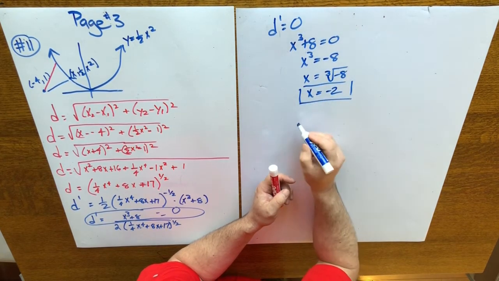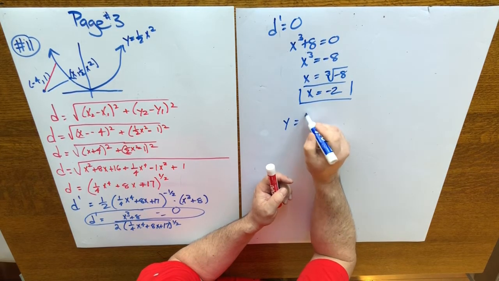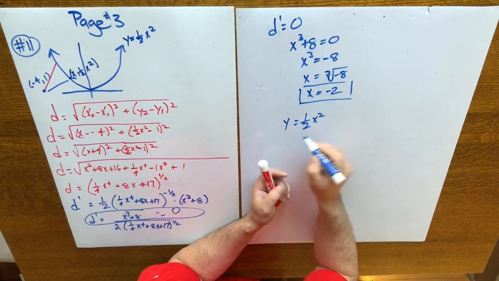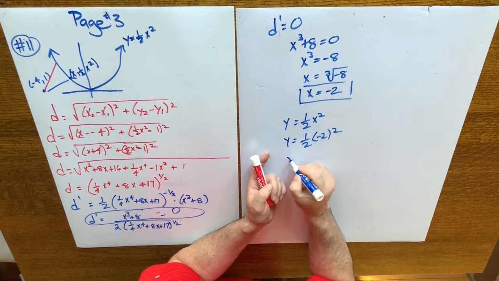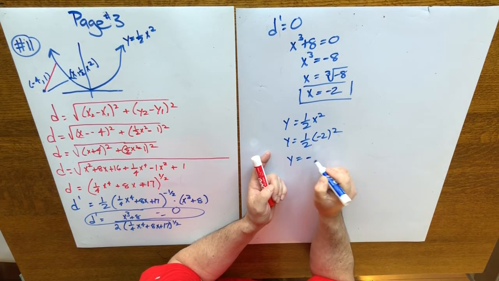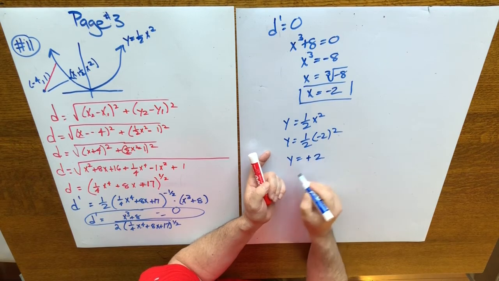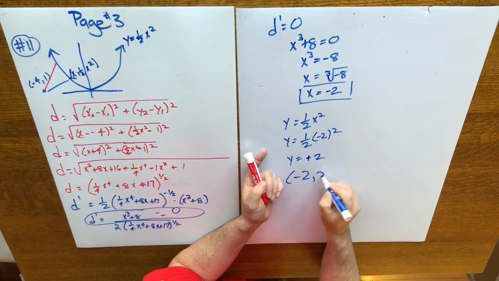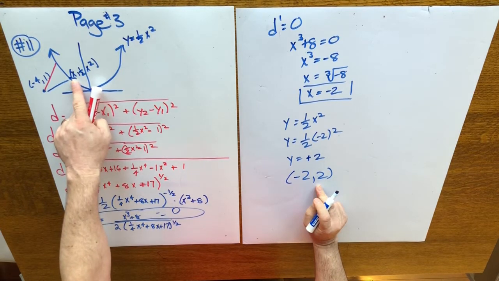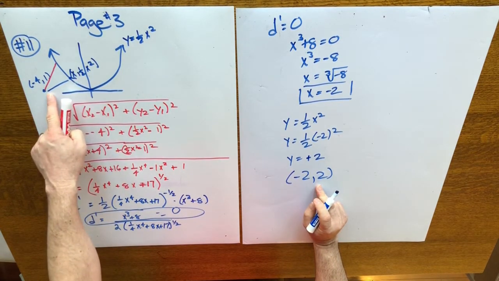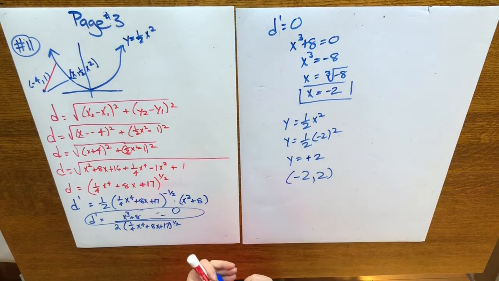So if x is equal to -2, y is equal to 1/2 x squared. Y would be equal to 1/2 of -2 squared. Y would equal positive 2. So the ordered pair is -2 with positive 2. That point on the parabola right here is the closest point to -4 and 1 on this parabola.